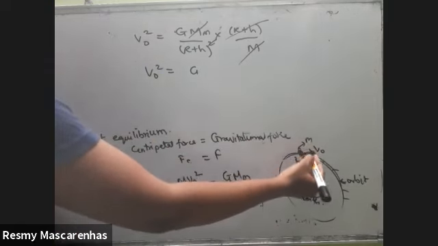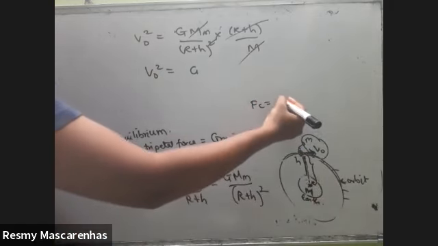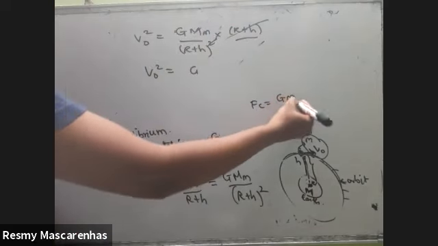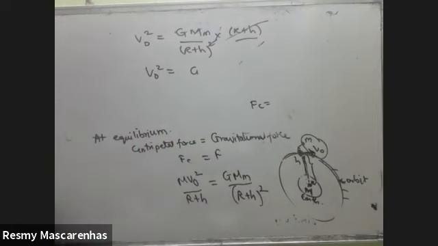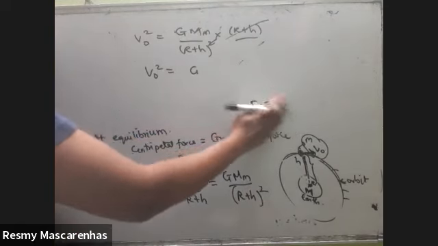Because mass of the satellite and orbital, well, just correct this, Fc will be equal to G, this won't be there. 1 second. Gm. Small m you use, huh?